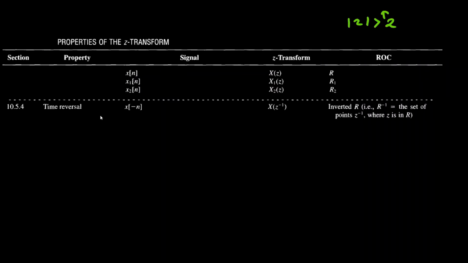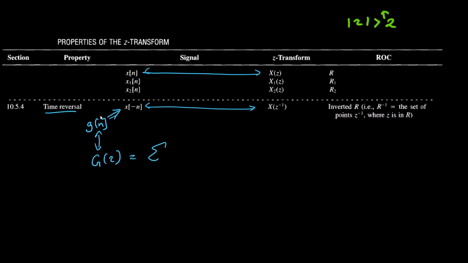The next property is time reversal. That is, for x of n we have x of z. If we have x of minus n, then that would be having a transform x of 1 over z, or z inverse. For the proof, let us say that this is simply g of n. So its transform, that is g of z, is a summation x of minus n z to the power minus n.